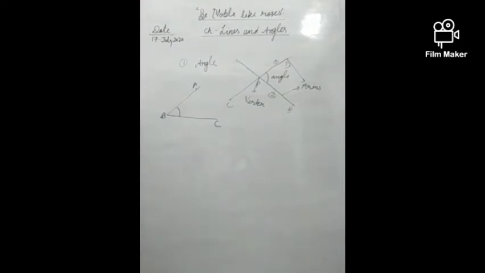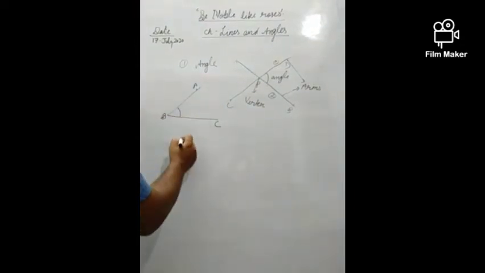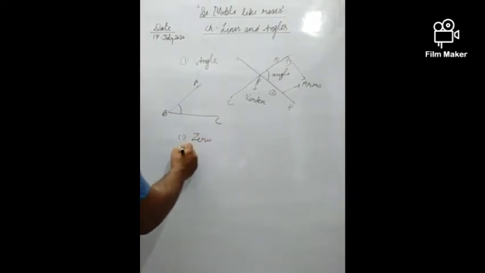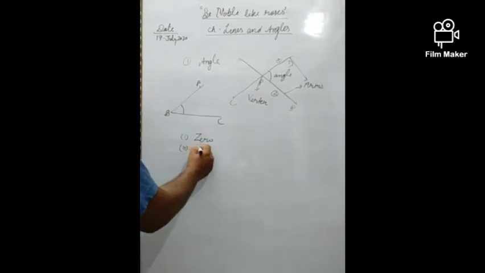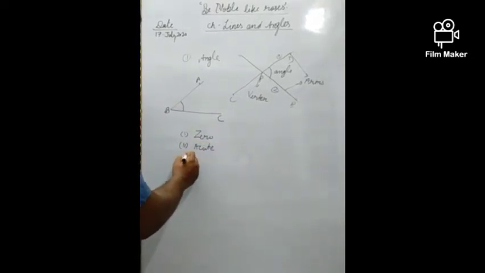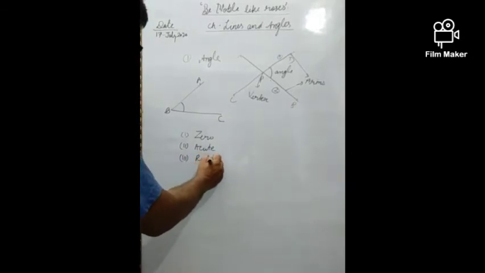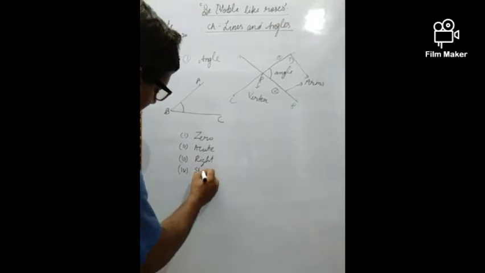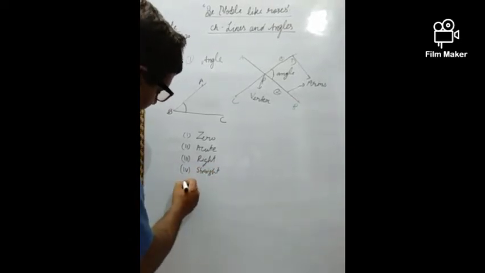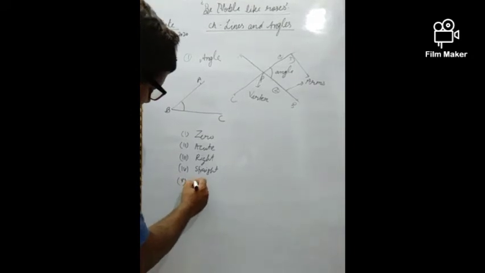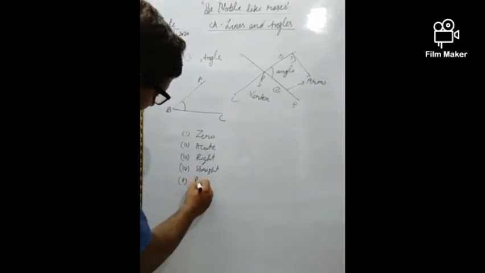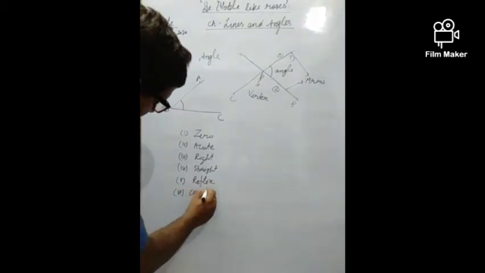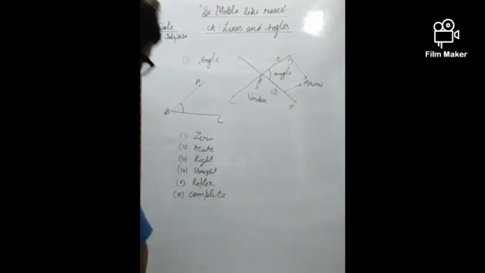Now the next point: how many kinds of angles are there? So I am going to write down the kinds of angles. First one is zero angle, second one is acute angle, third right angle, fourth straight angle, fifth reflex angle, sixth complete angle.